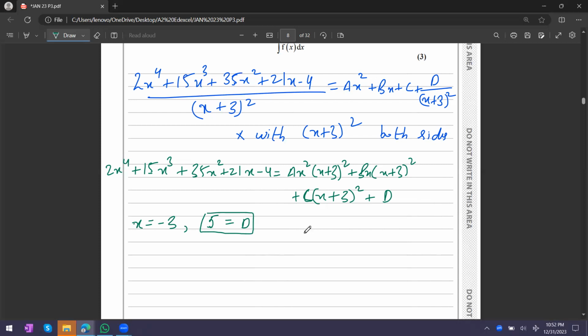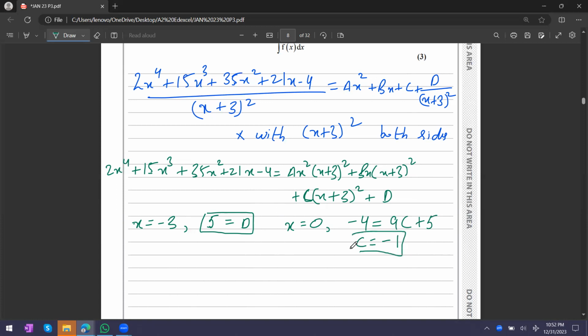Now another number that you can assume, always use simple small numbers, x is equal to 0 is very common to take. You put it on the left side, you get minus 4. On the right side, this term is gone, and this one will get you 9c, and d we already have, plus 5. So c is equal to minus 1.